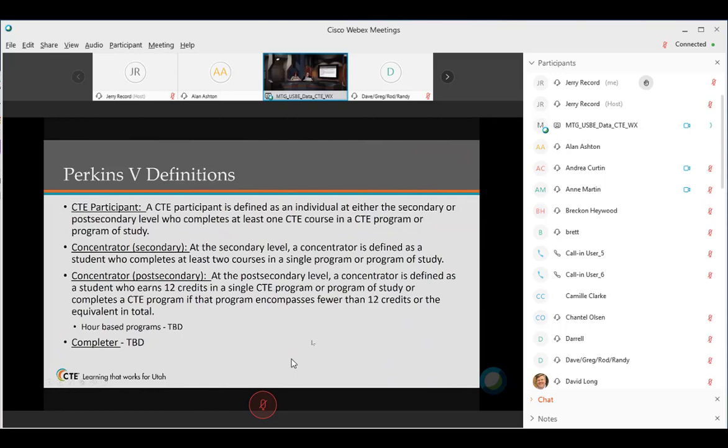Okay, we have a couple of different ideas for running this, and hopefully, it sounds weird, but to get fewer concentrators than we anticipate. One is just looking at 2 courses in a program area, so they could be both electives at that point.